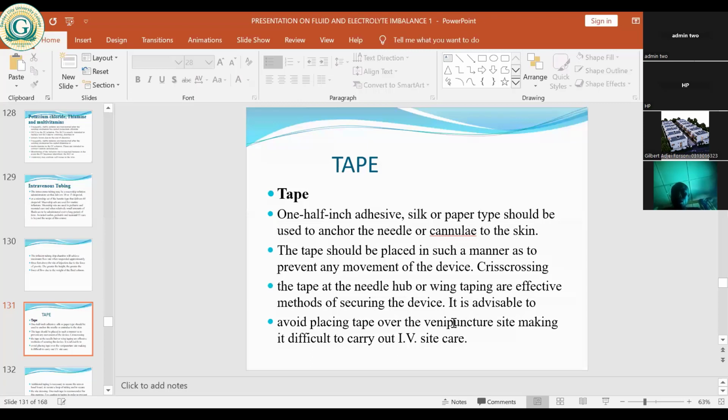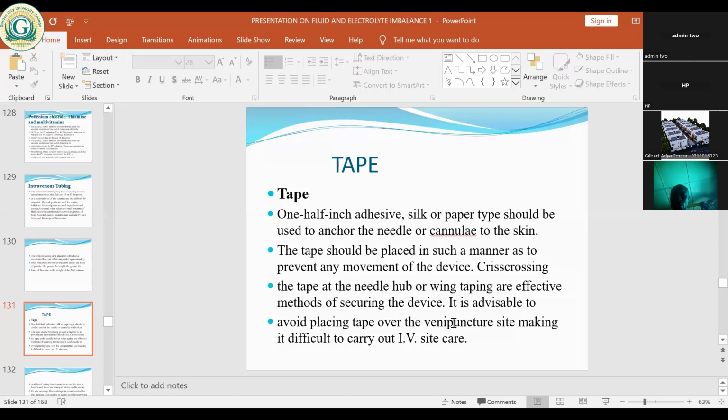The tape should be placed in such a manner as to prevent any movement of the device. That is why I said learn how to apply the adhesive or the plaster. And the application term is called crisscrossing. Sometimes they will tear the middle of the plaster small, not fully, halfway, and fix it to hold the cannula.